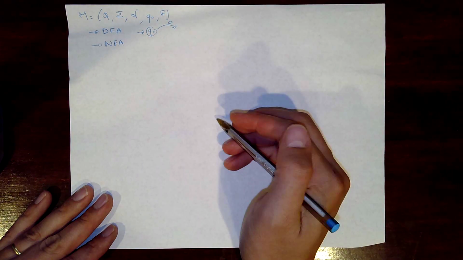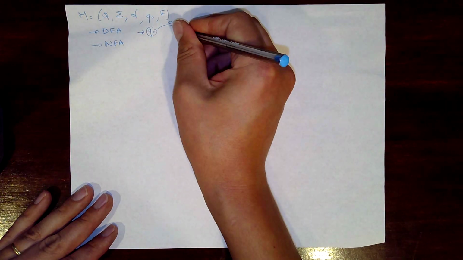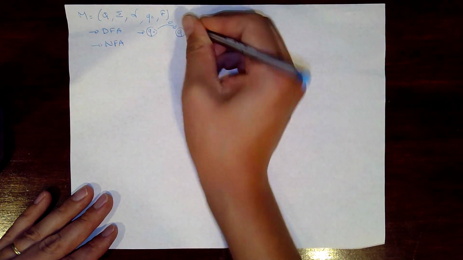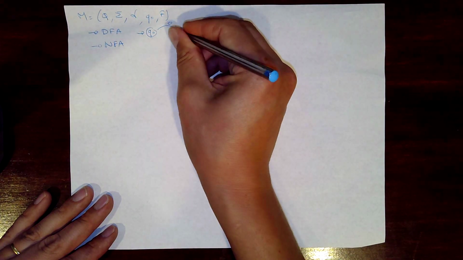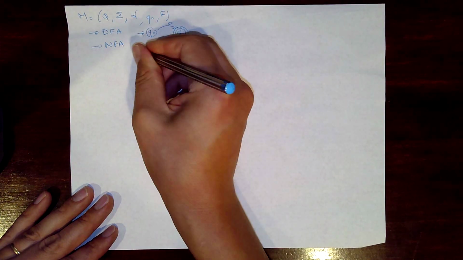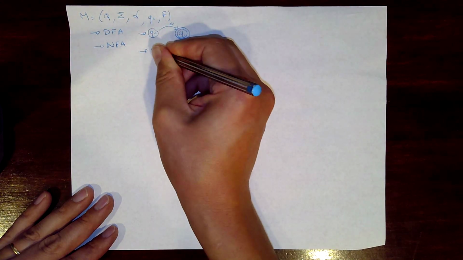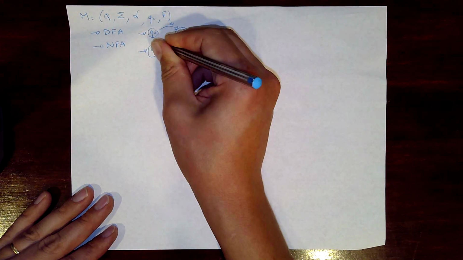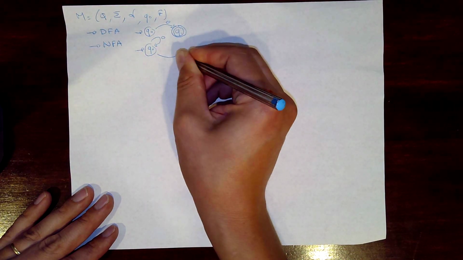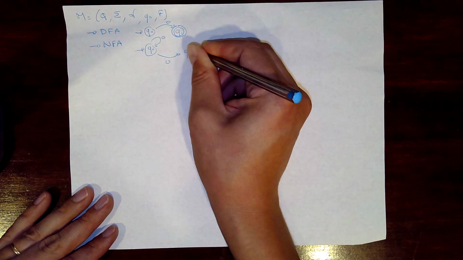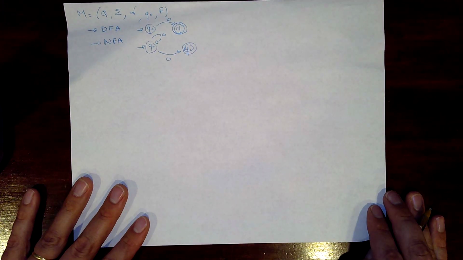So if you have input 0, you go from Q0 to Q1, for instance. While a non-deterministic one will accept, for instance, 0 to loop back to Q0 or to go to Q1. So that's non-deterministic. You have these two options.